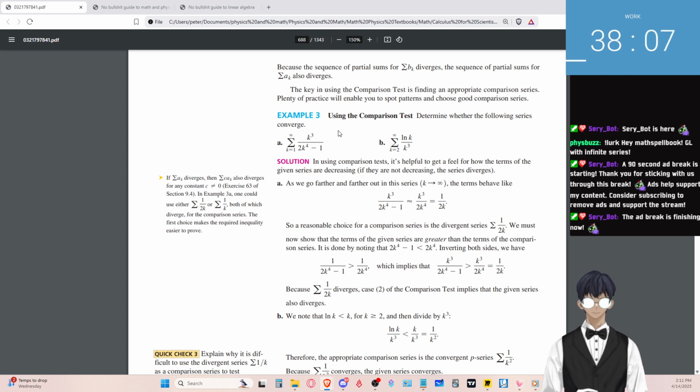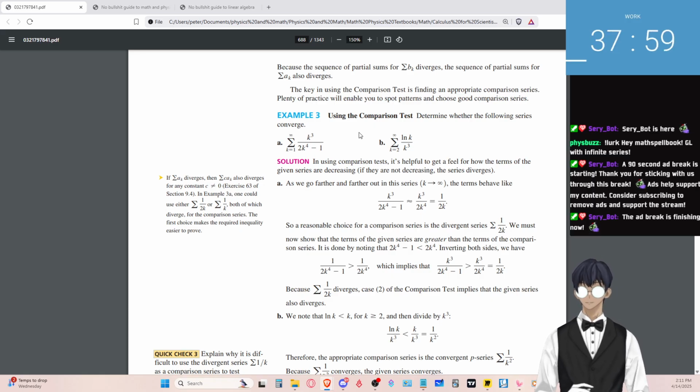because I sort of remember how to do this. So basically you compare that to, say, 1 over k to the 4th power, I believe, because that is particularly greater than this one.